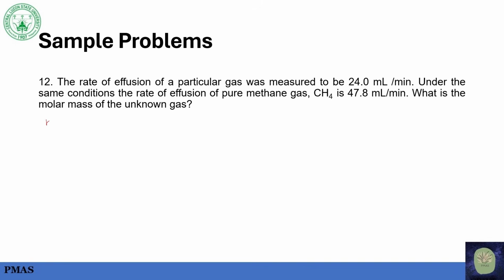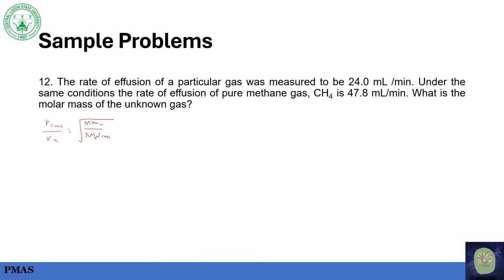Again, the rate of effusion of CH4 over the rate of effusion of the unknown gas, let's call it X, is equal to the square root, and again, this is inversely proportional to density and molecular weight. So this would be the molecular weight of X over the molecular weight of CH4.